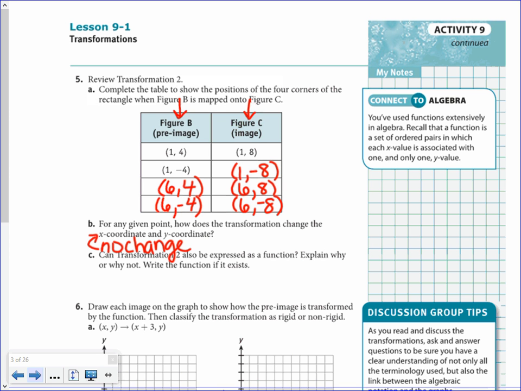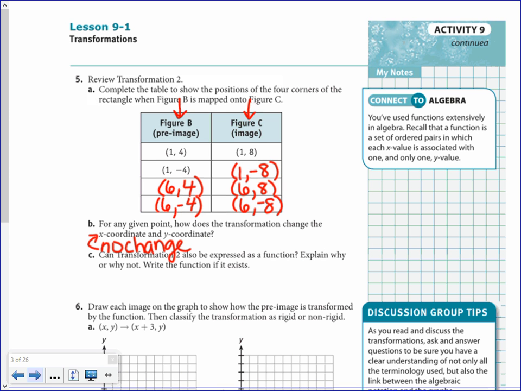Some of you may feel like the y coordinate goes up by 4 or down by 4. And that's true. But when we're looking at transformations and how they affect the x and y coordinates, we are trying to make it so that it's the same thing for every point. So not every point goes up by 4. Some of them go up by 4, some of them go down by 4. So can you think of a different way that changes every single coordinate? And if not, that's okay.